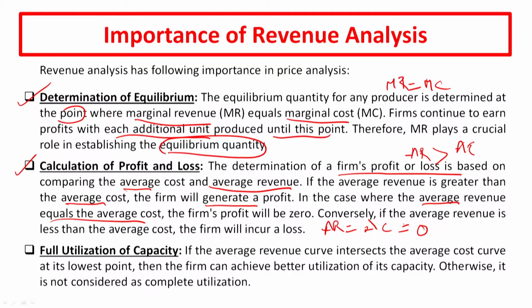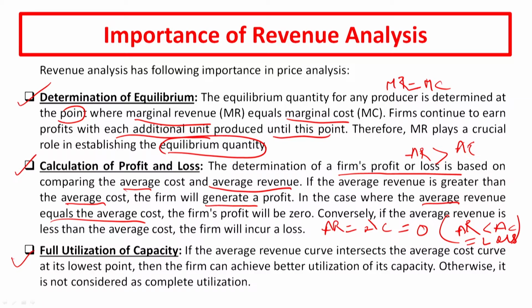And in the third case, if the average revenue is less than average cost, which means the cost is more, the firm will incur loss. So, you are able to see the determination of profit and loss can be done with the help of AR and AC curve.